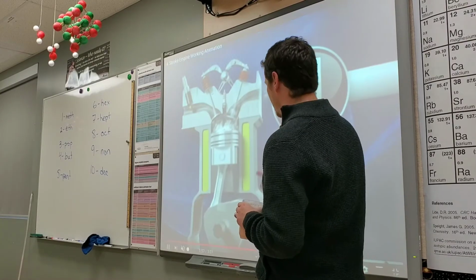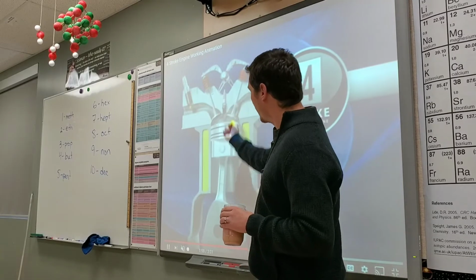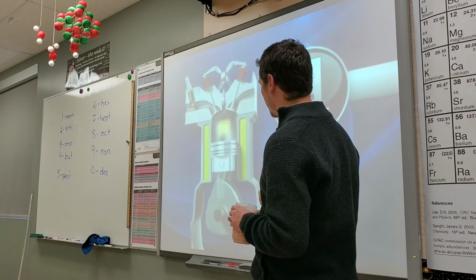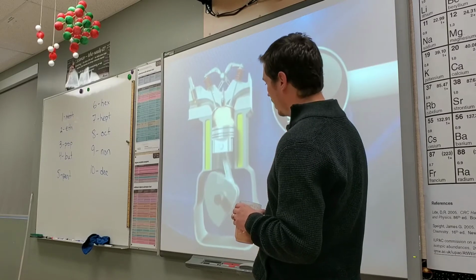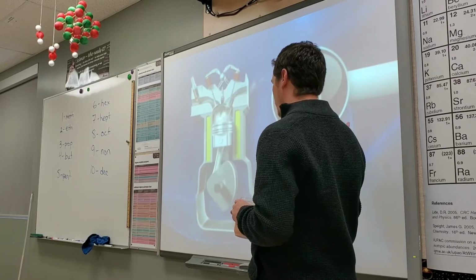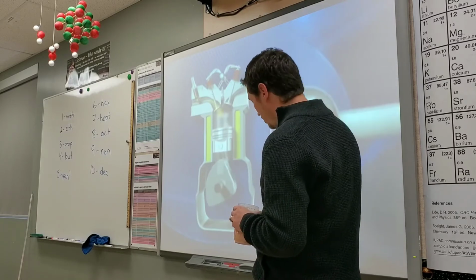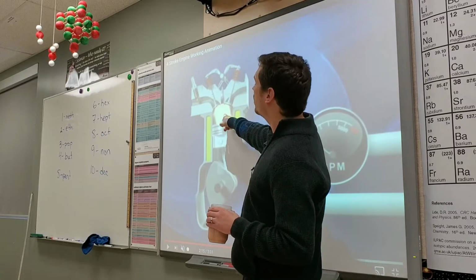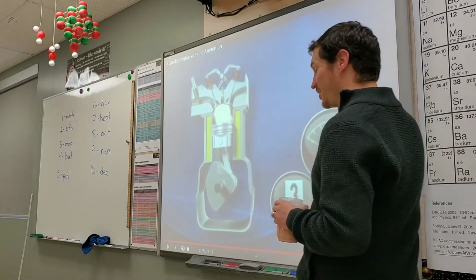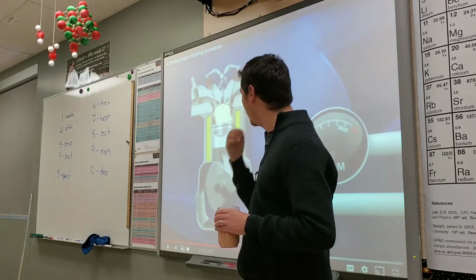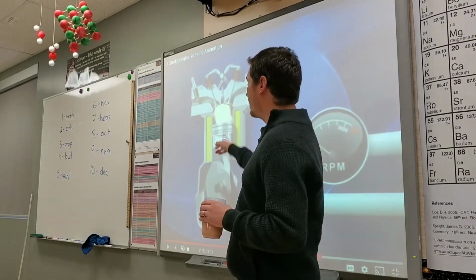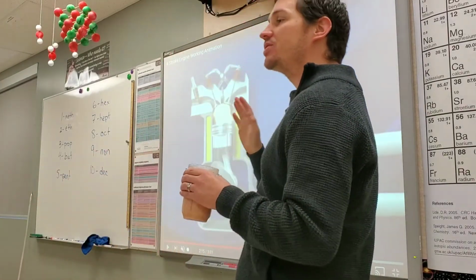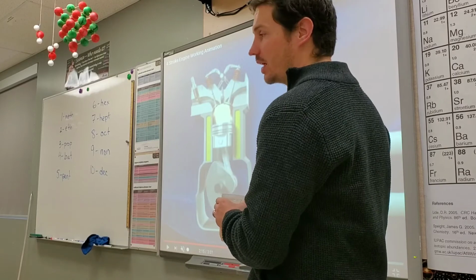When it comes down, it'll pull in more air and fuel mixture, compress it, blow it up, push it out, and so on. This process happens over and over again. The problem is, if the explosion happens too fast, that's what we call knocking in your engine.